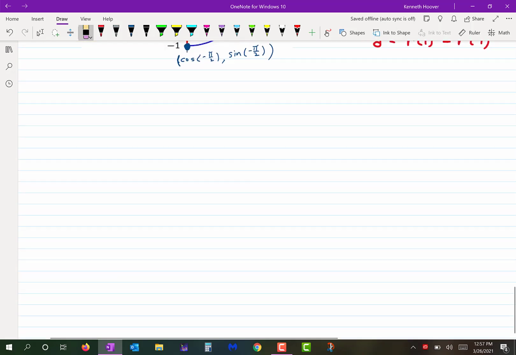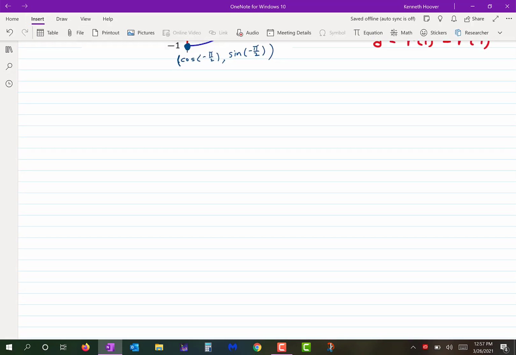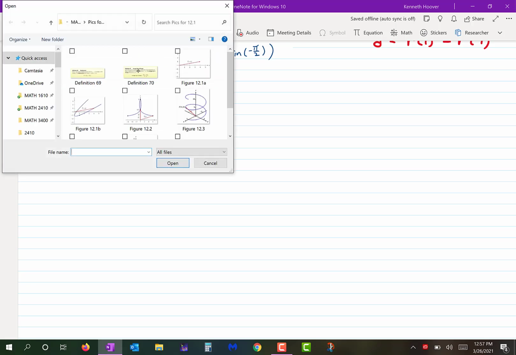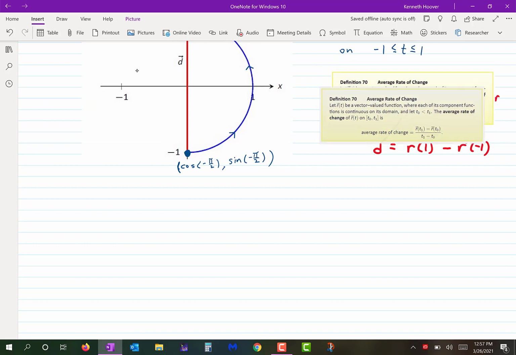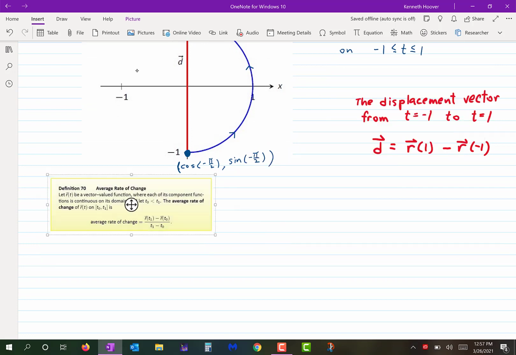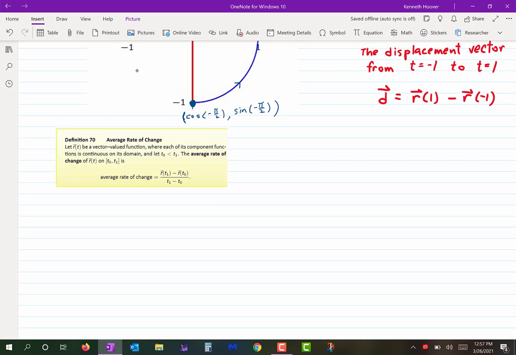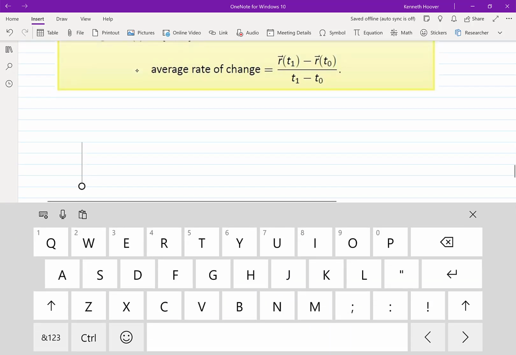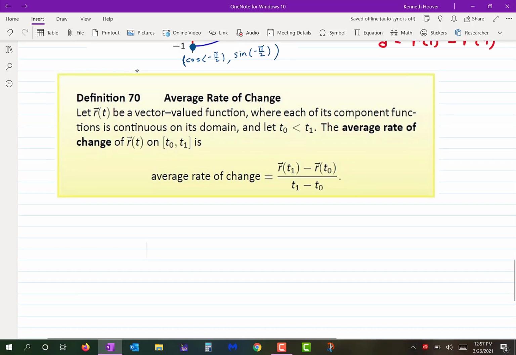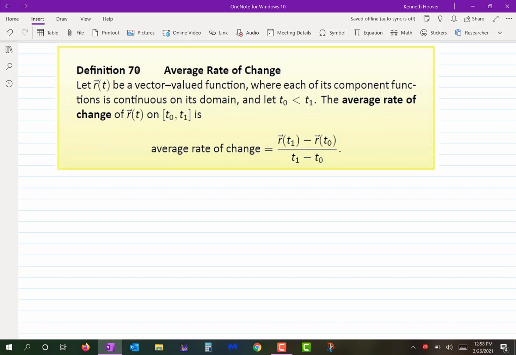Okay, and then the last thing I want to show you, and I'm just going to show you the yellow box from the book, is called average rate of change. I'm just giving you a formula for it.